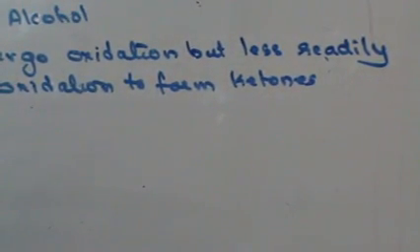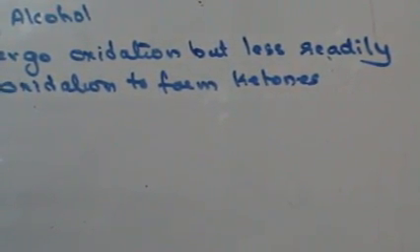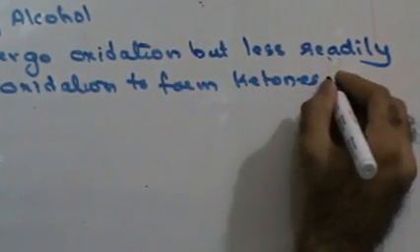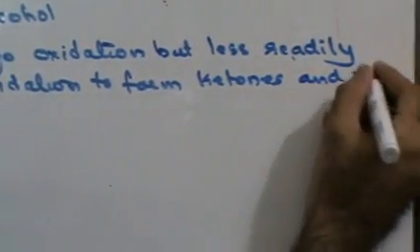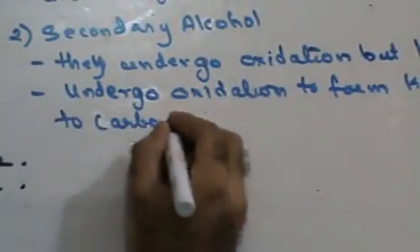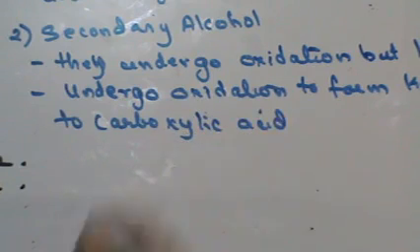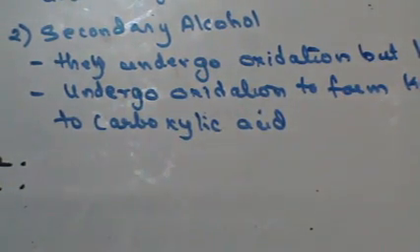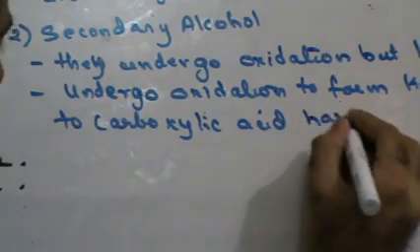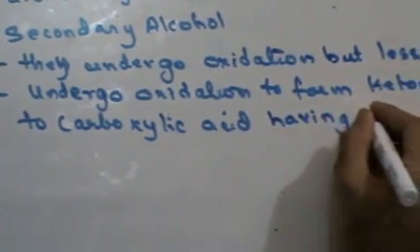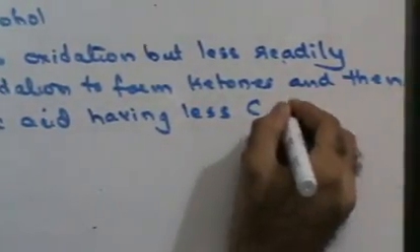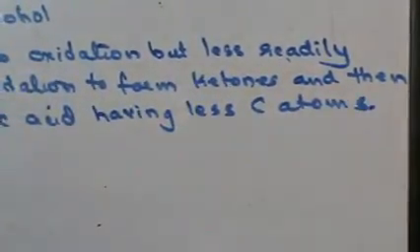They undergo oxidation to form ketones, and on further oxidation to carboxylic acids. They further undergo oxidation to form carboxylic acid with fewer carbon atoms. Let's see this.